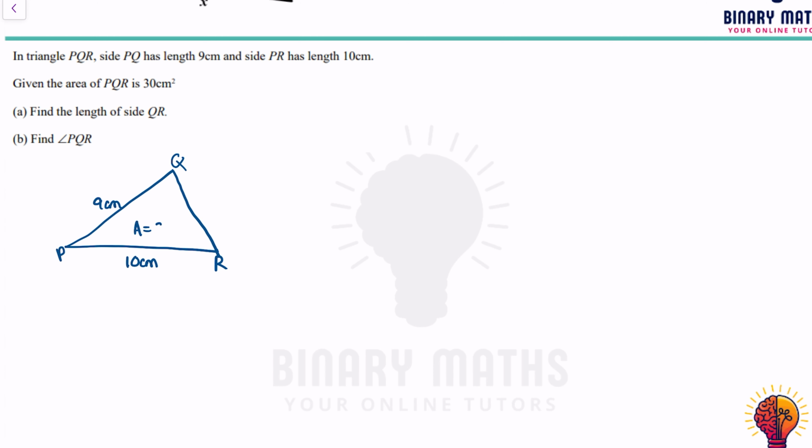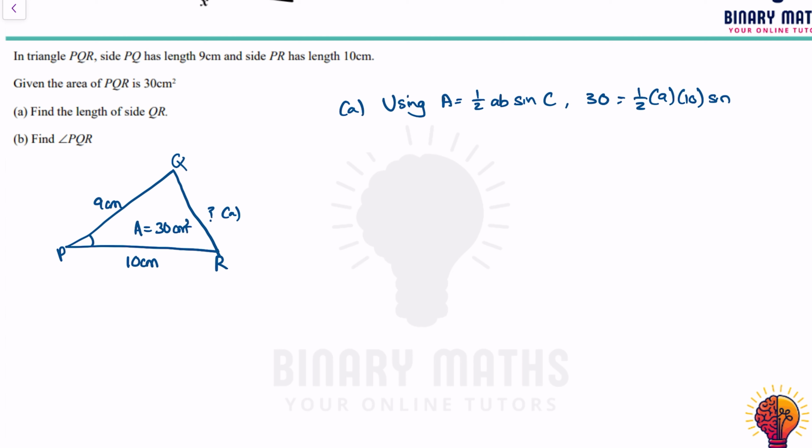So you're using area is equal to half AB sine C. I know that 30, which is the area, must be equal to half times 9 times 10 times sine of the angle at P, angle QPR.